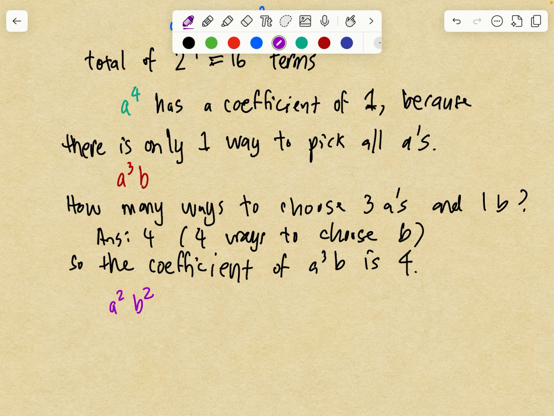And that's 4 choose 2. So there are 4 choose 2 ways, that's 6, of picking 2 a's, and then the rest are going to be b's.